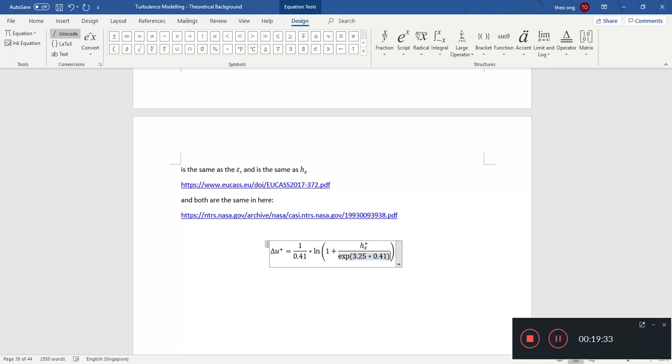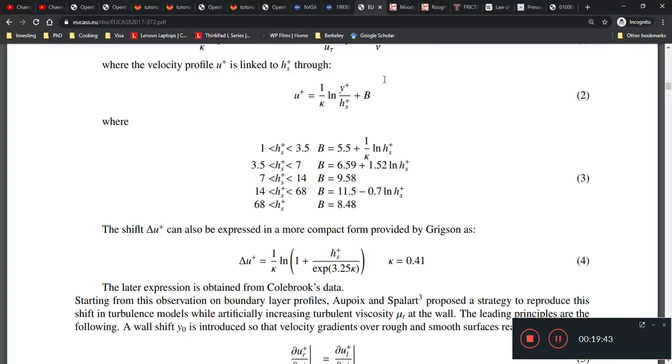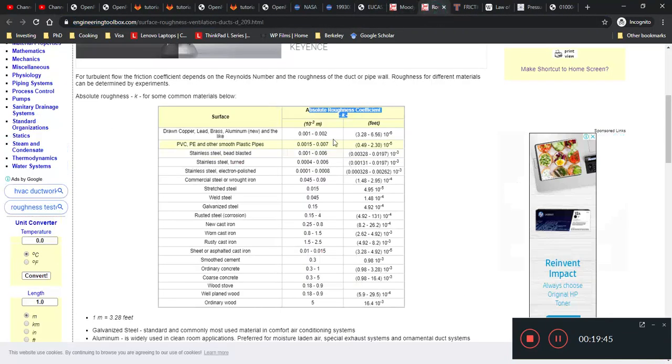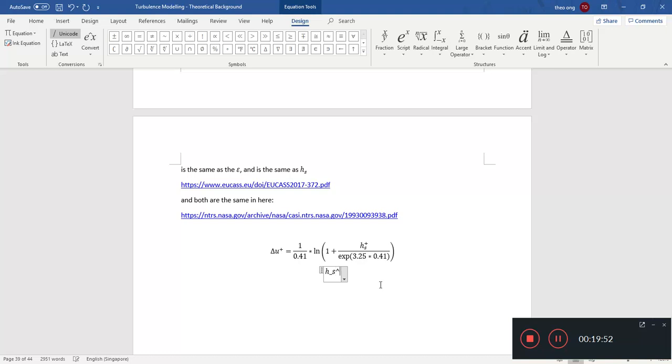So as long as we have this U plus function, we just substitute the HS plus using this K. HS plus equals K times U star over the kinematic viscosity.